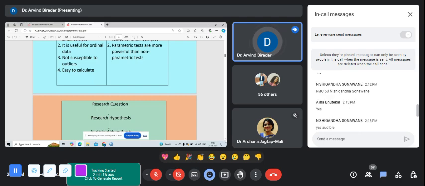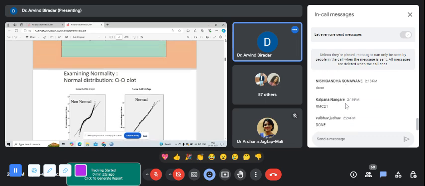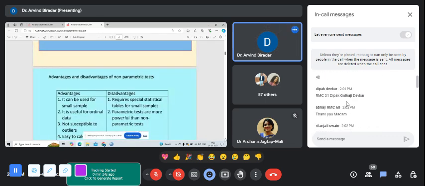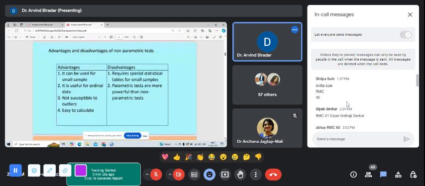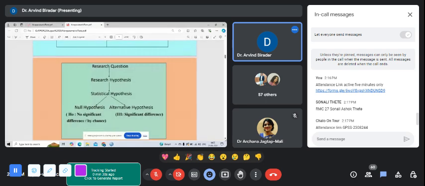So if you come to the research point of view, this is the general idea of research analysis. First of all, you have to define the research questions and define the hypothesis based on the objectives of the research.